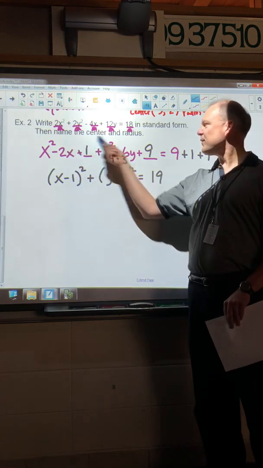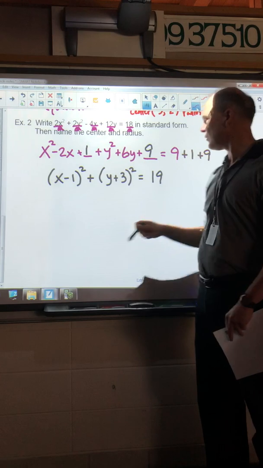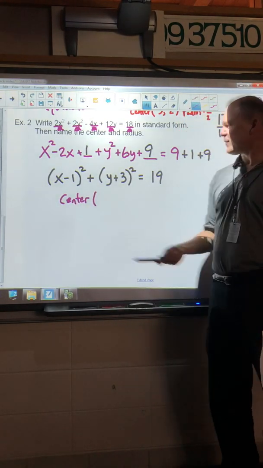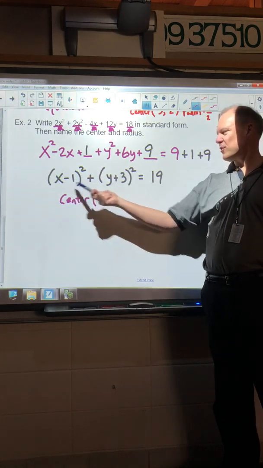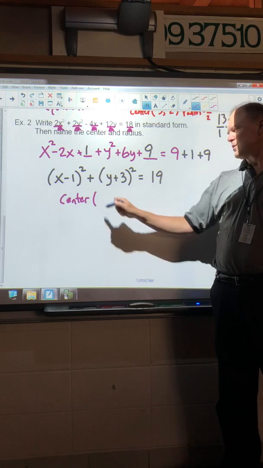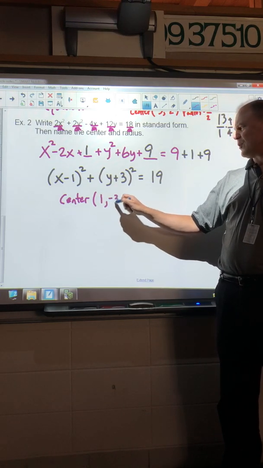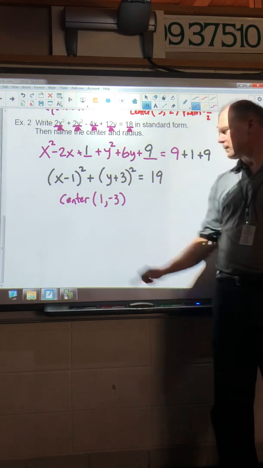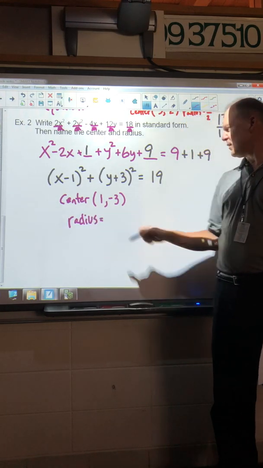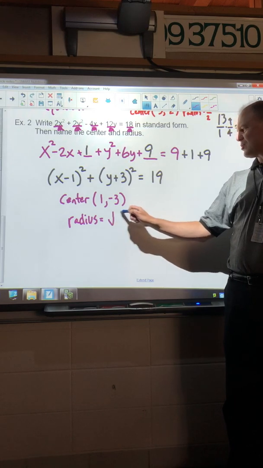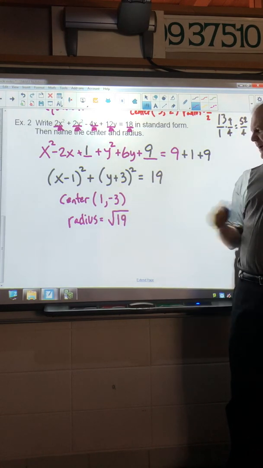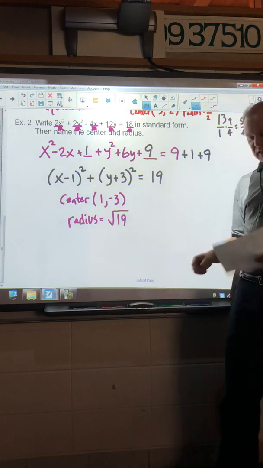Okay, then identify the center and the radius. Maybe you figured out the coordinates of the center are opposite of the signs that you have here. So it'd be +1 and -3. And the radius is the square root of 19, which cannot be simplified, so we'll just leave it as the square root of 19.